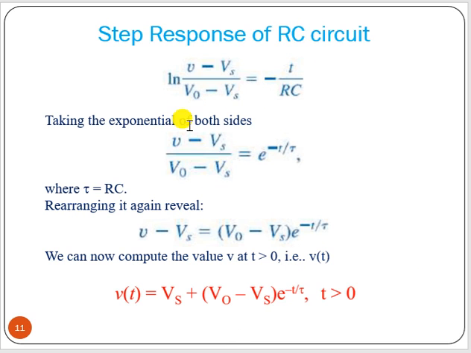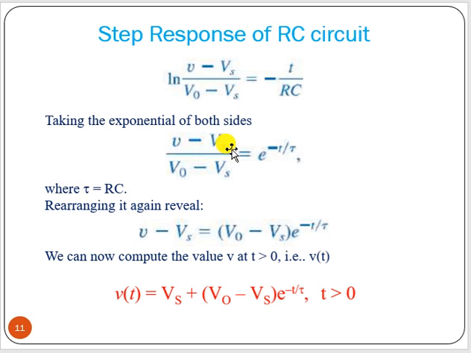From that equation, you can take the exponential because this is ln. So what you will get is this term equal to e to the power minus t/RC, where RC equals tau, the time constant. That is the same for source free and step response. So for any RC circuit, the time constant is always tau equal to RC.